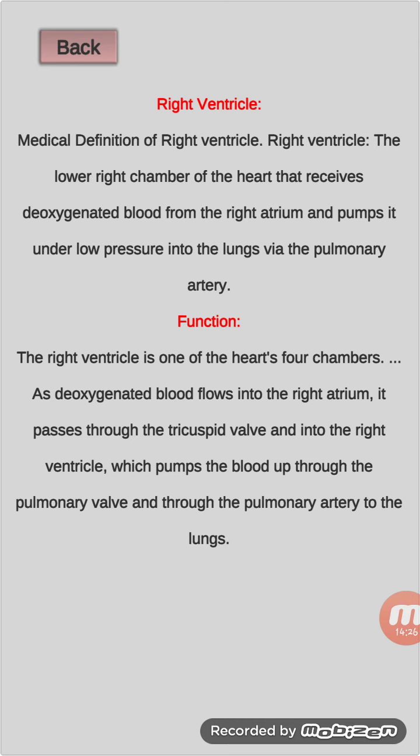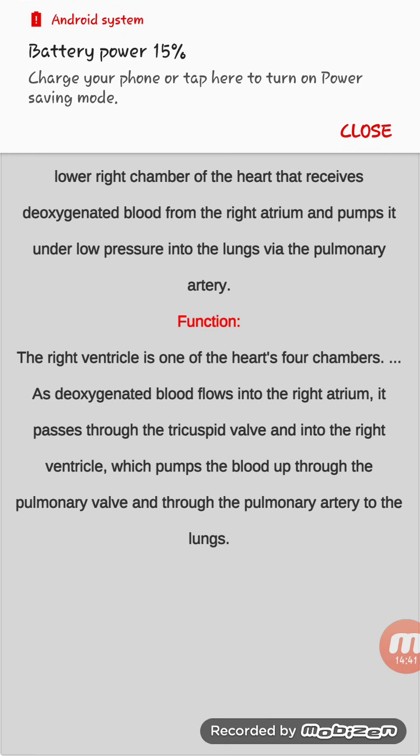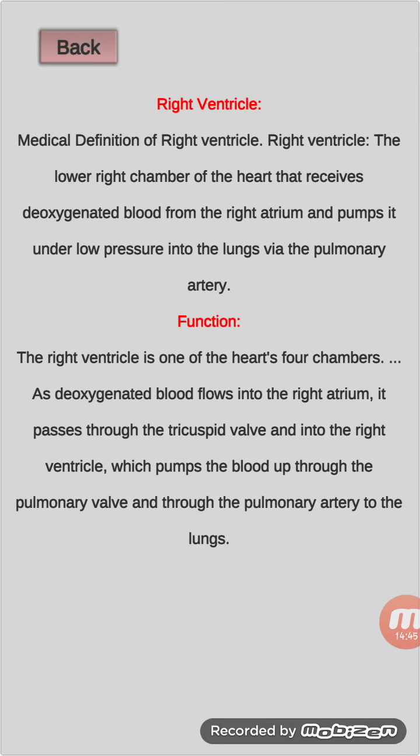The right ventricle is one of the heart's four chambers. As deoxygenated blood flows into the right atrium, it passes through the tricuspid valve and into the right ventricle, which pumps the blood up through the pulmonary valve and through the pulmonary artery to the lungs.